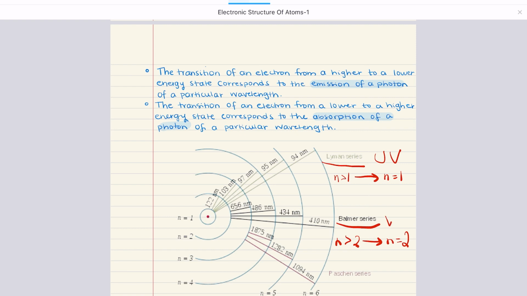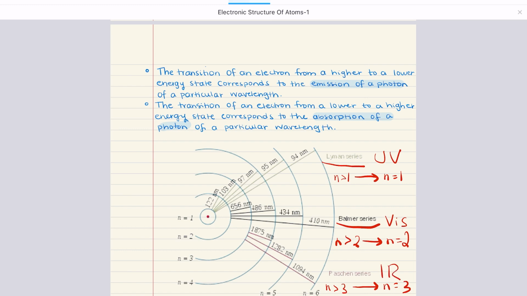So this falls in the visible range. Then the Paschen series, however you pronounce it, involves transitions from higher energy levels, n greater than 3, down to the third energy level, n equals 3. These transitions emit or absorb photons in the infrared region.